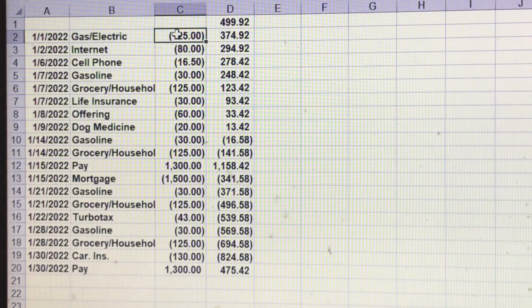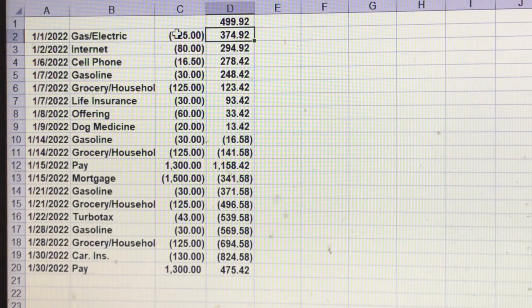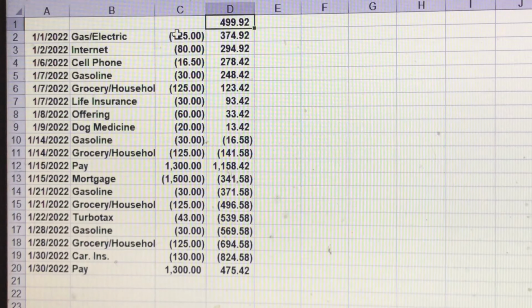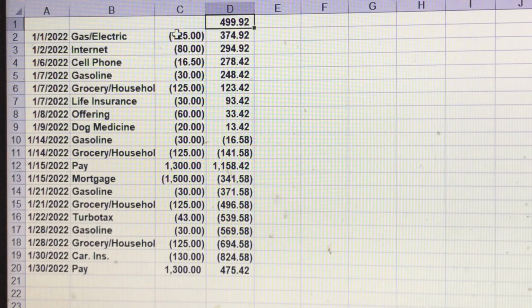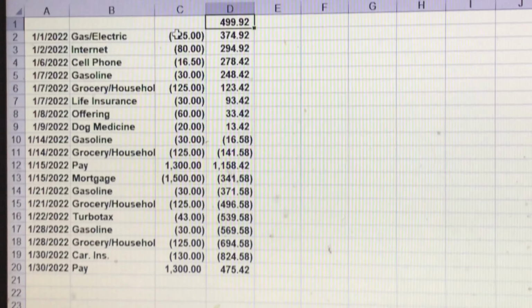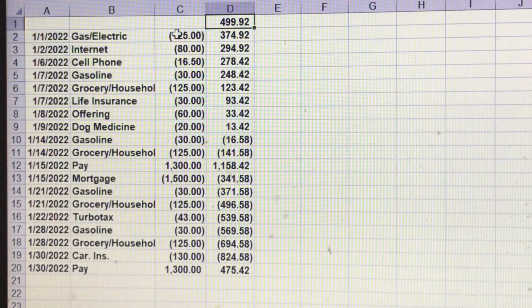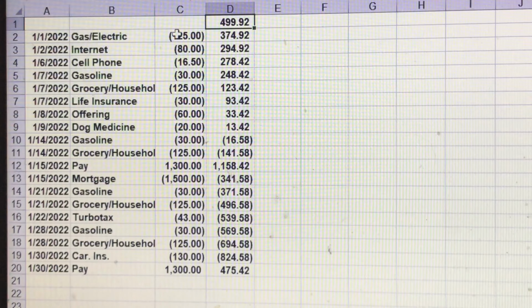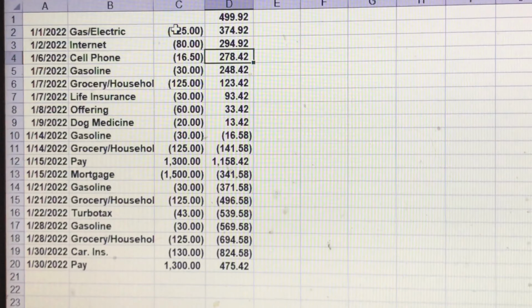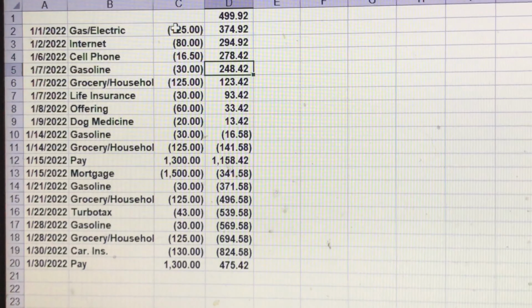And then I have a column off to the side, where the first cell over here is an amount that I'm assuming is your beginning balance. Obviously you might have zero coming in, but for this example, I'm assuming you have $499.92. And then you start paying all these bills and you're not getting paid until the 15th.